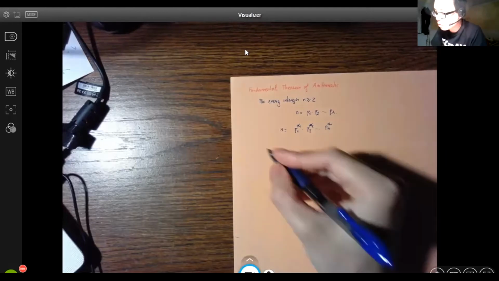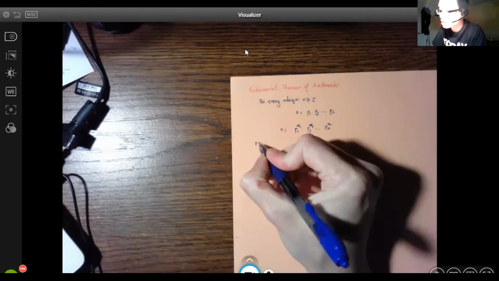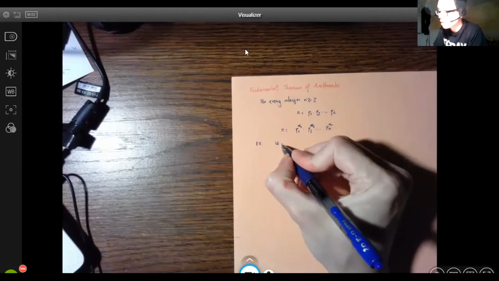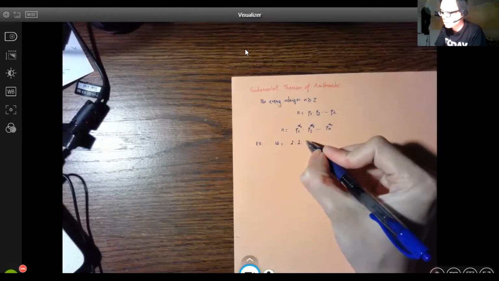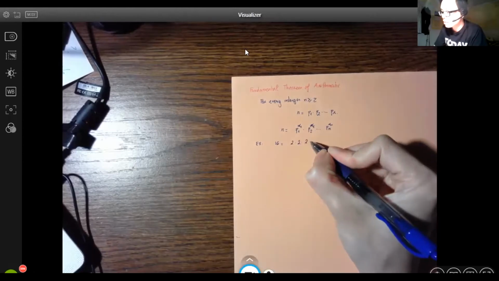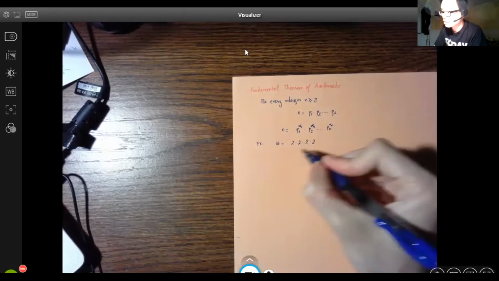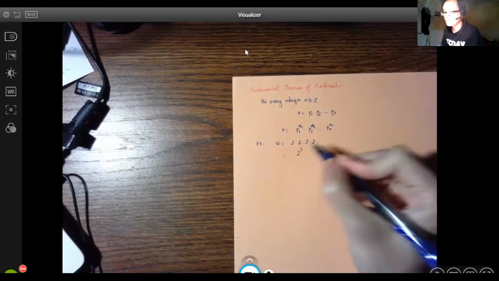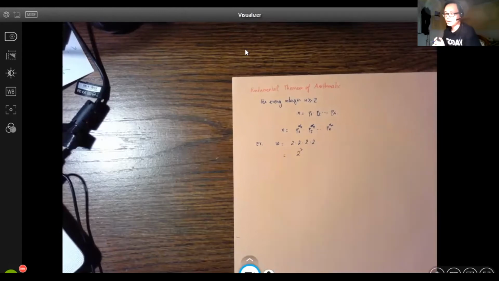So I can give you a quick example here. For example, like 16, right? I can write it as 2 times 2 times 2 times 2, or you can write it as 2 to the fourth power. Okay, let me use another number. That's harder. Let me use 100.